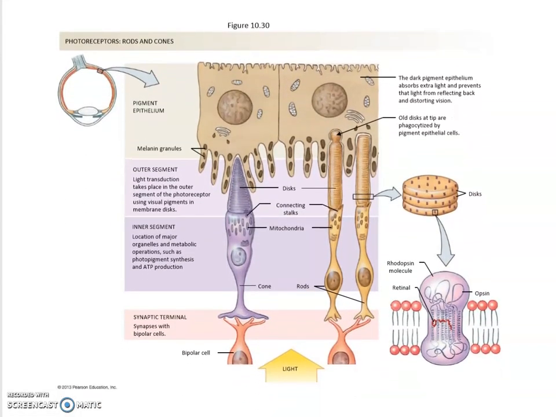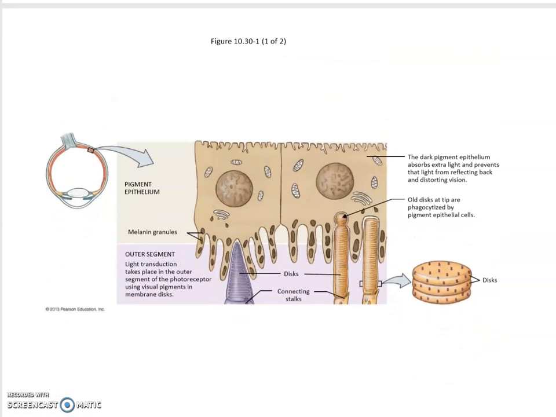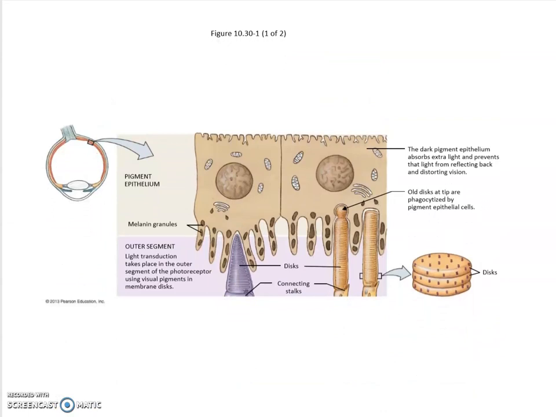That would be your rods over here, and how they work. There's the rhodopsin right here, and it falls apart into retinol and opsin right here, and these are the little discs that are stacked up in the rods. Now the cones have different kinds of color pigments in there. So when the light hits the different photoreceptors, the light energy is converted into action potentials.